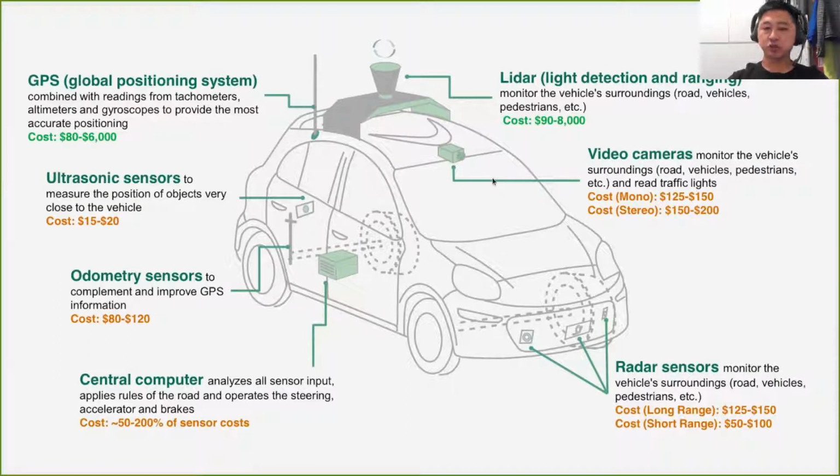Google is just manufacturing a small fleet of cars for prototyping. In practical terms, Tesla cannot add LiDAR to their cars because it would be too expensive. But for Waymo, it's okay because they don't actually mass produce their self-driving cars.